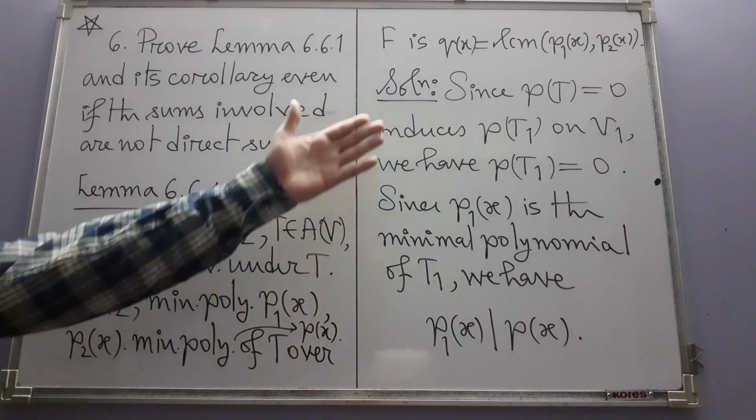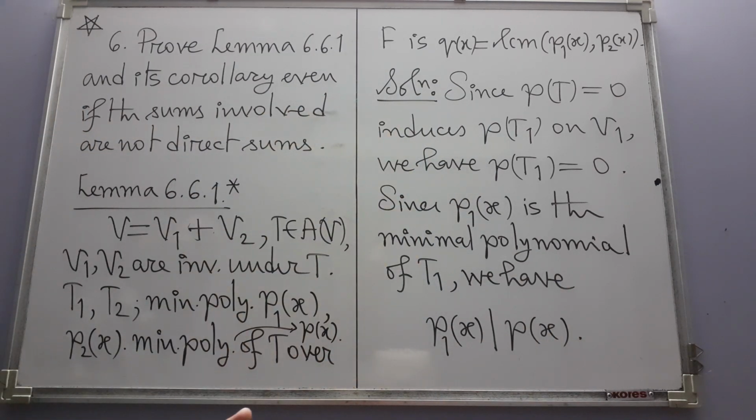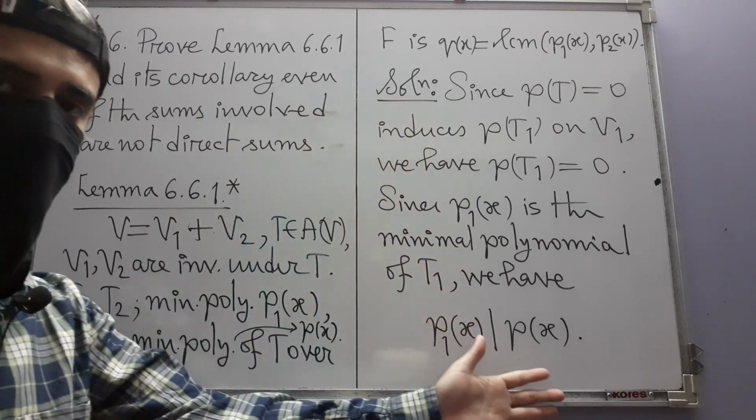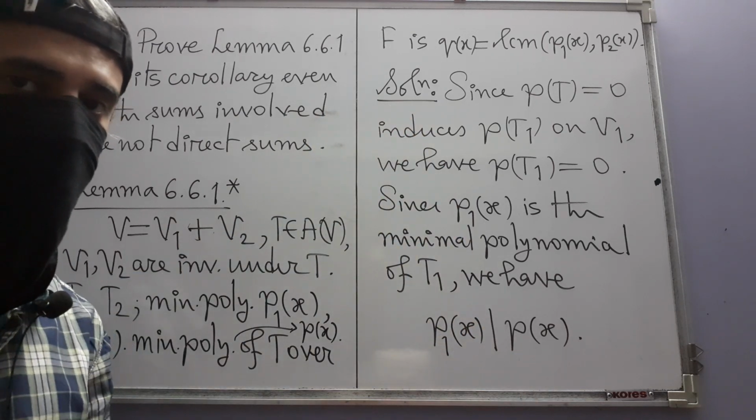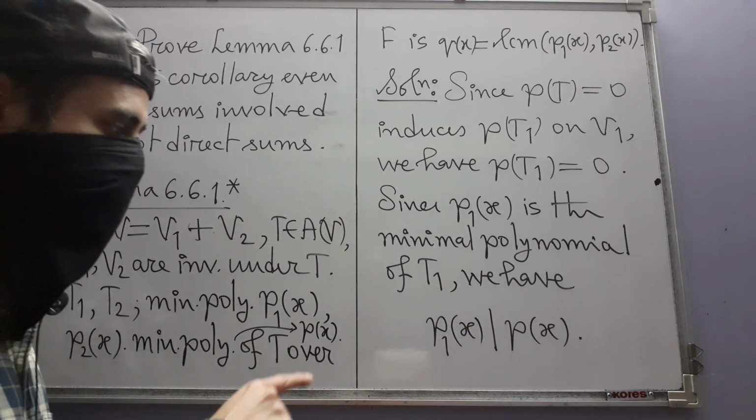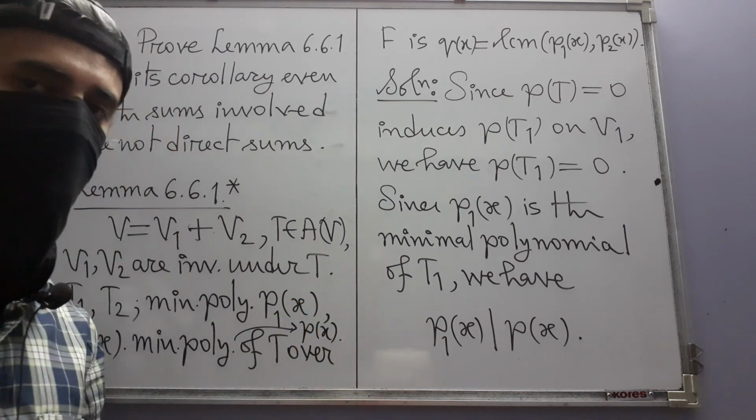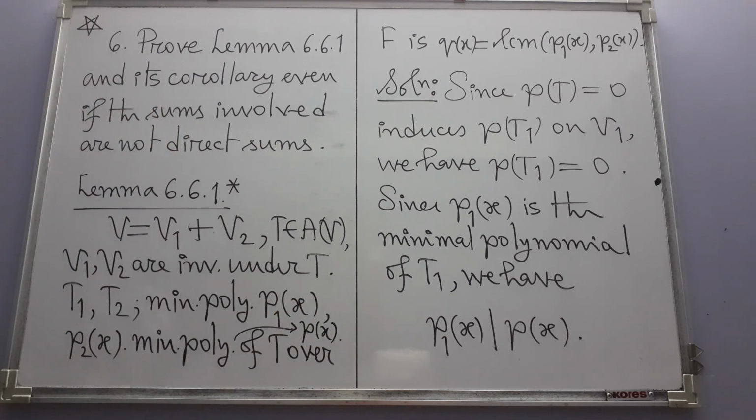Now whatever we did with V1 and T1, we can do an exactly similar thing with V2 and T2, and that way we will also get P2 of x divides P of x.